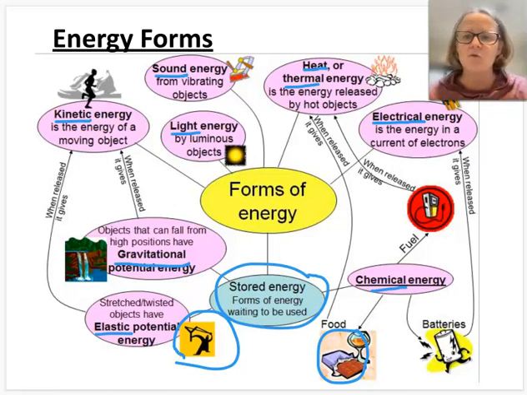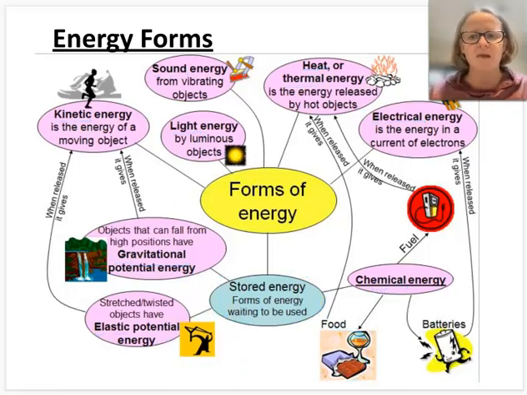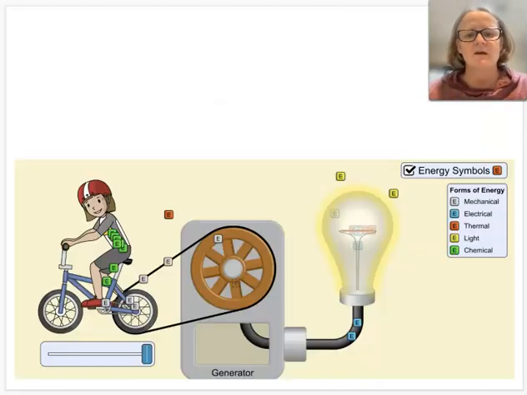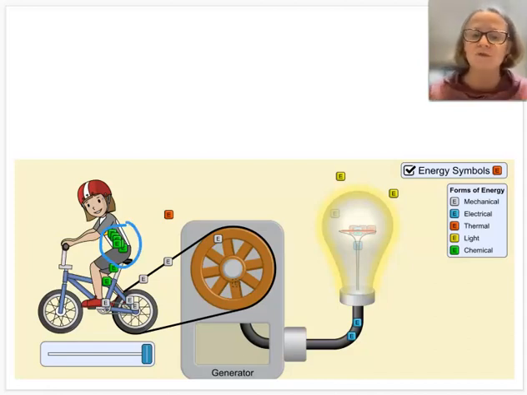So these are different forms of energy, and let's have a look how we can move from one form to another. So in this little graphic here, we have a person who has lots of chemical potential energy. So you can see the little green E's in her body, and as she cycles, she moves the bicycle. So we have little blue energy symbols, and the wheel of her bicycle is driving this turbine here.